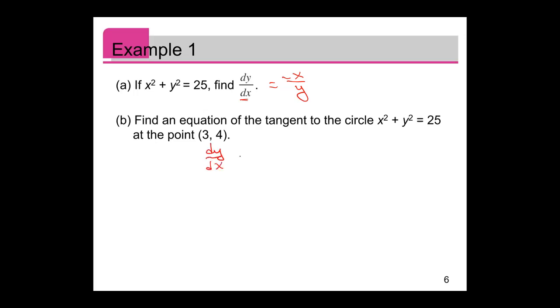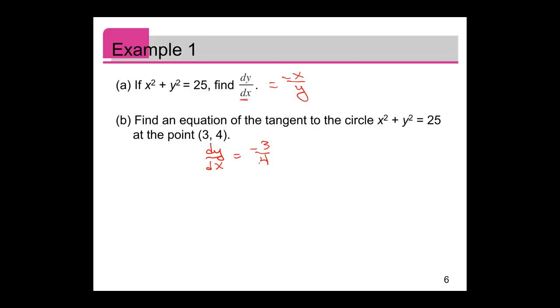You're right, it does give me that. I was thinking to plug it into the negative x over y, which is what we did. Exactly. You just plug in the point and we get dy dx.